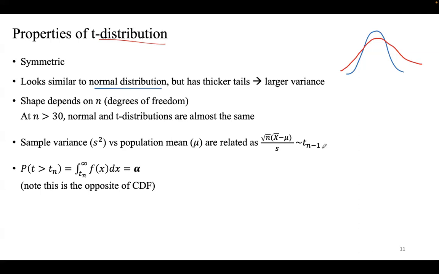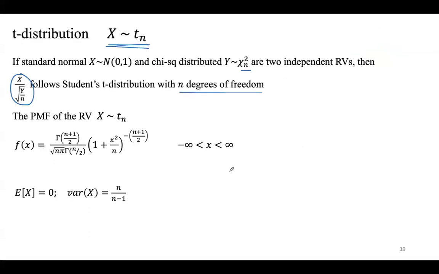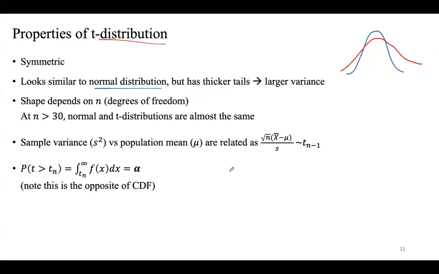Now there's one more. As in the case for chi-square, we talked about sample and population variances. But now here, if you talk about sample variance and population mean, and this one right here is actually your sample mean. We'll just see that a little while again.